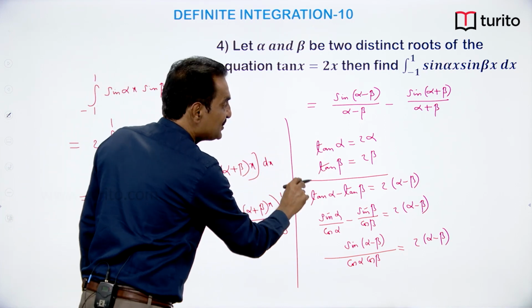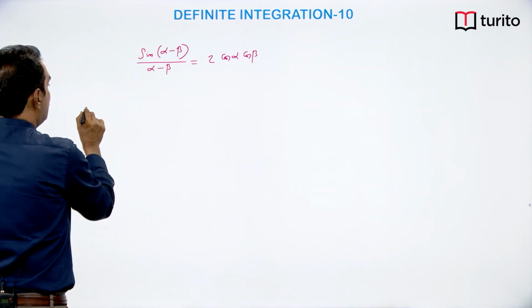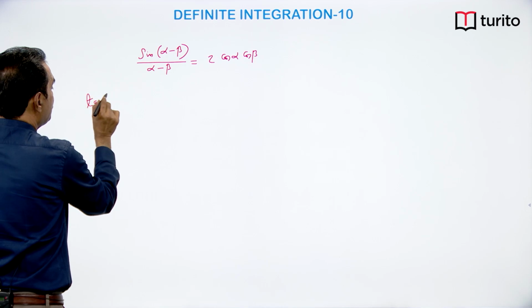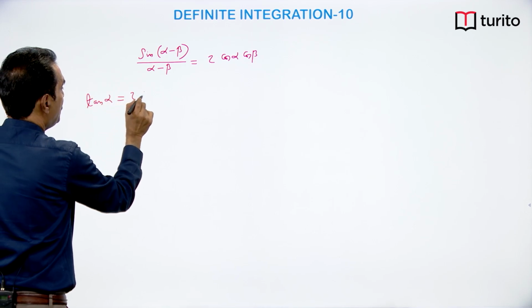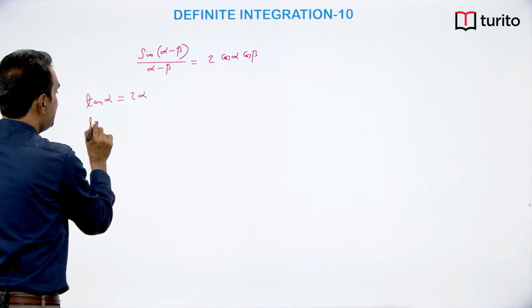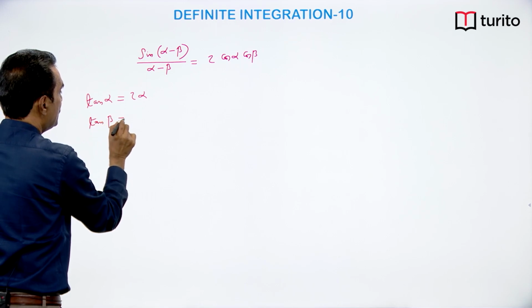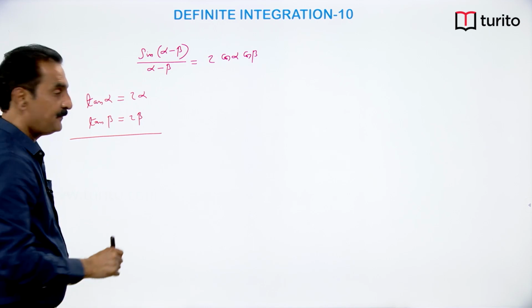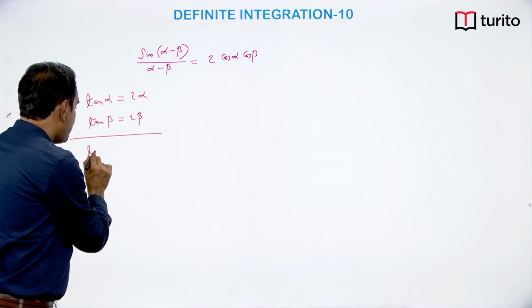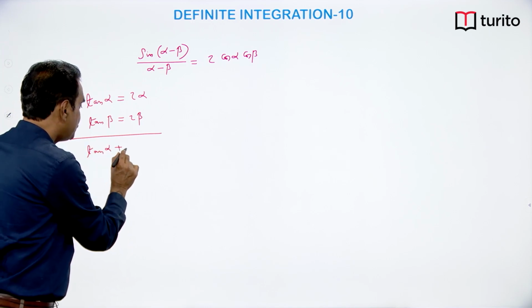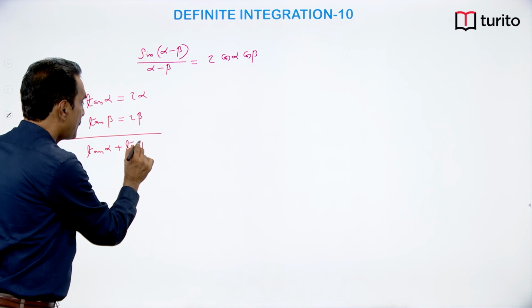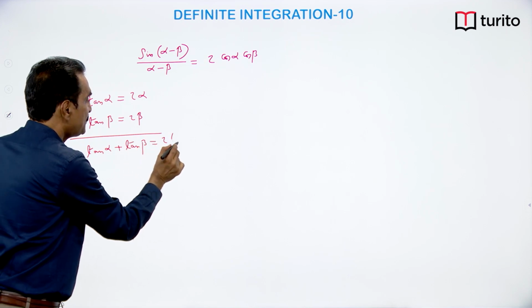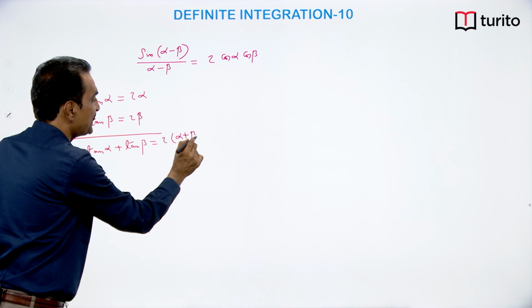Now, if we add these two, tan alpha is equal to 2 alpha, tan beta is equal to 2 beta. Now, if we add, tan alpha plus tan beta is equal to 2 into alpha plus beta, is it not?